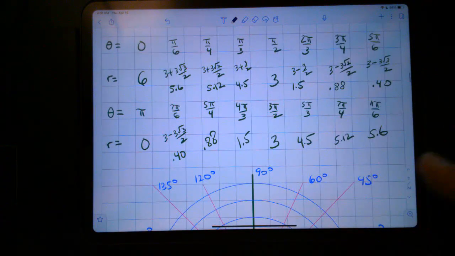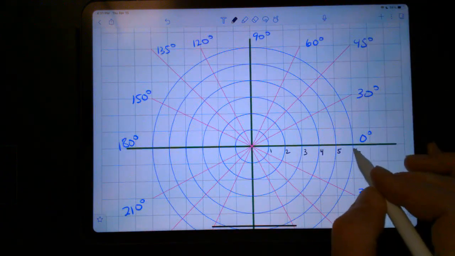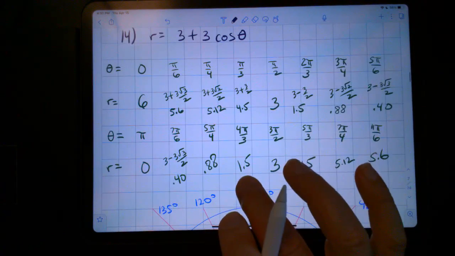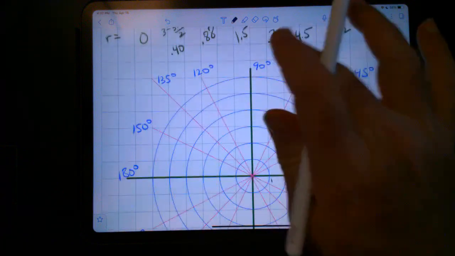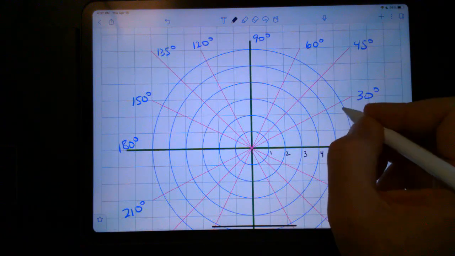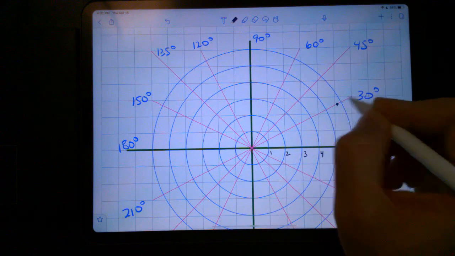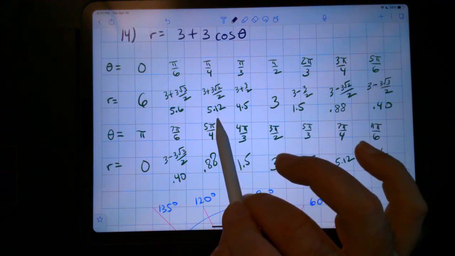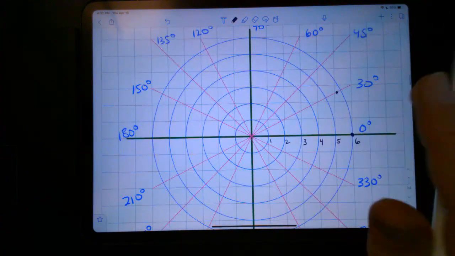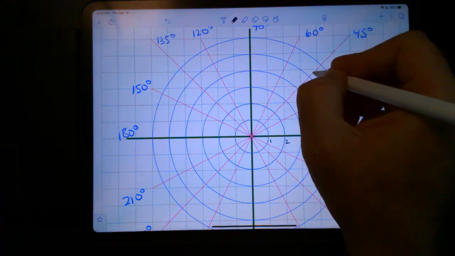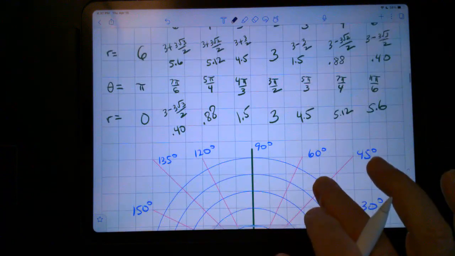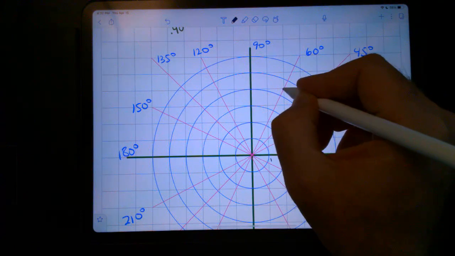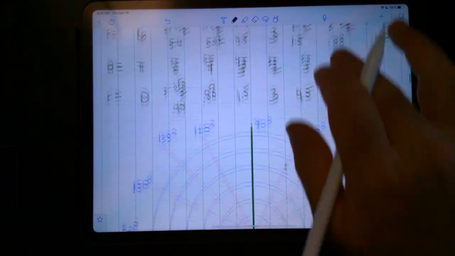So that when theta is 0, r is 6. When theta is pi over 6, r is 5.6. When theta is pi over 4, r is 5.12. And then we have 4.5. We have 3.